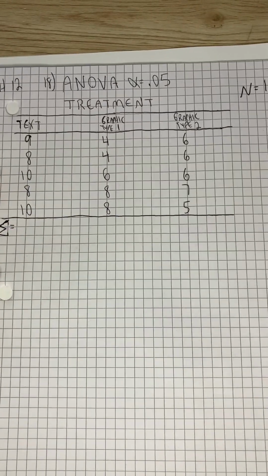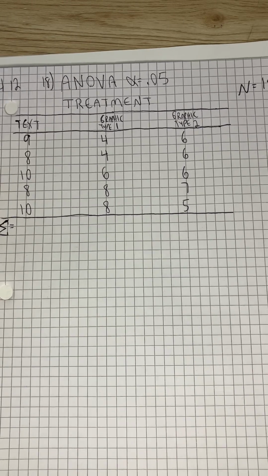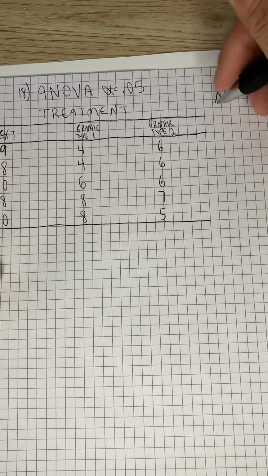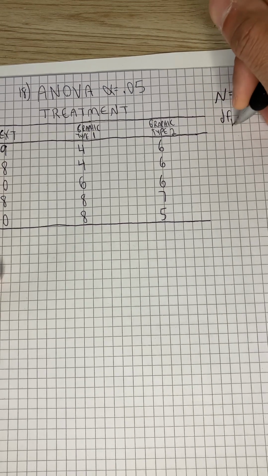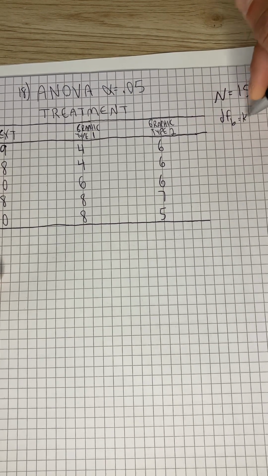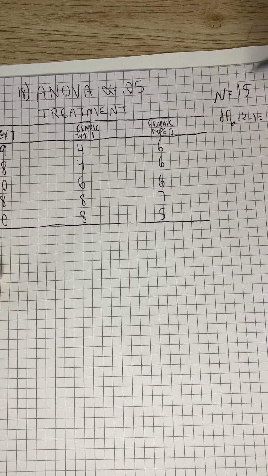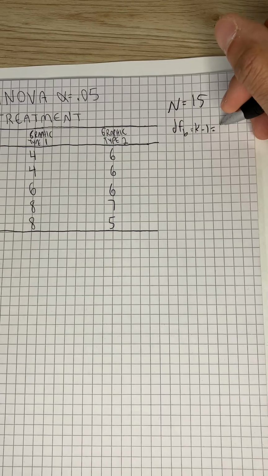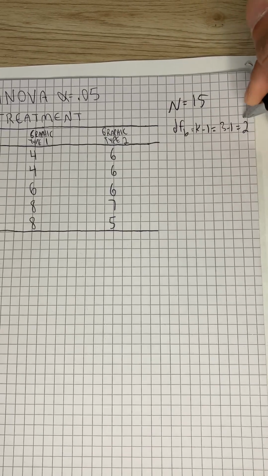Another thing we can figure out is the degrees of freedom, and then look up the critical F value. The degrees of freedom for the between is little k minus 1. Little k is the number of groups, so that's 3 groups. So we have 3 minus 1, which is 2.